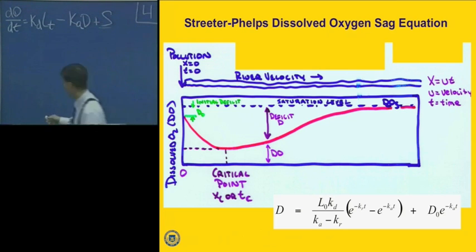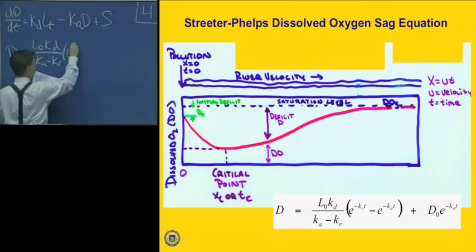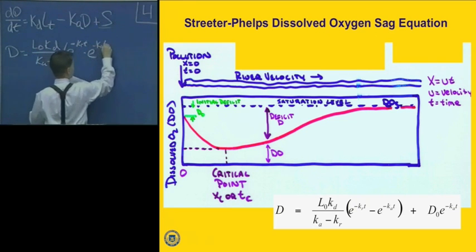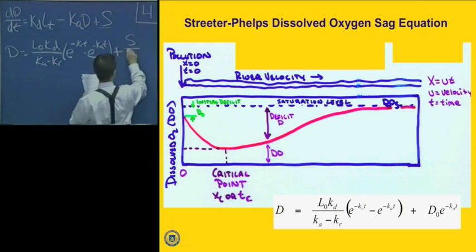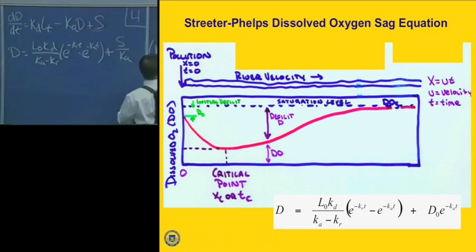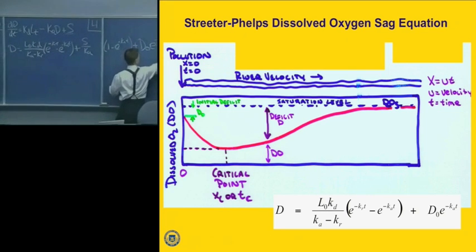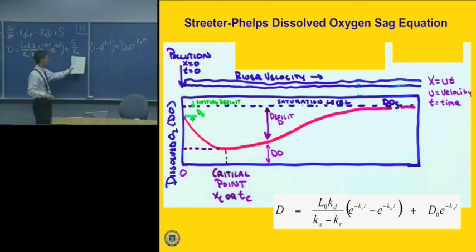So the form of the equation, D equals L naught KD over KA minus KR times e to the minus KRT minus e to the minus KAT, plus our sediment oxygen demand term, S over Ka, 1 minus e to the minus KAT, plus D naught e to the minus KAT. We see our original solution is unaffected by the sediment oxygen demand, except we add a term.